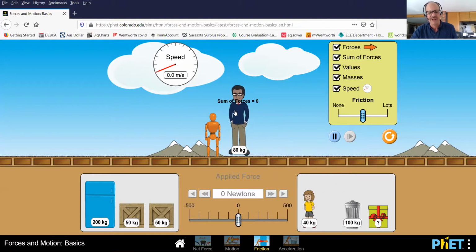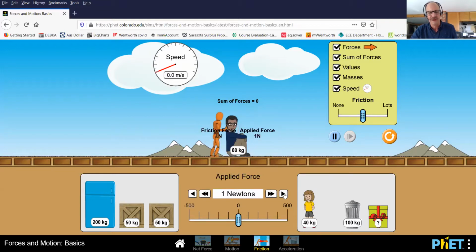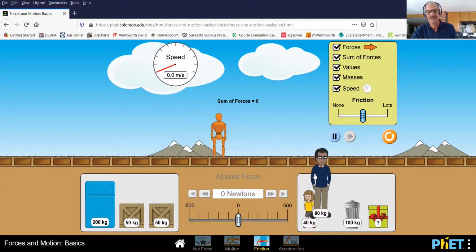Like if I put the man up here and I want to start pushing on him, how much force would it take? Let's just do the man, because she's 40 kilograms and he's 80 kilograms, so that would be redundant. What would the force be to get him moving? And then what would the minimum force be to keep him moving?